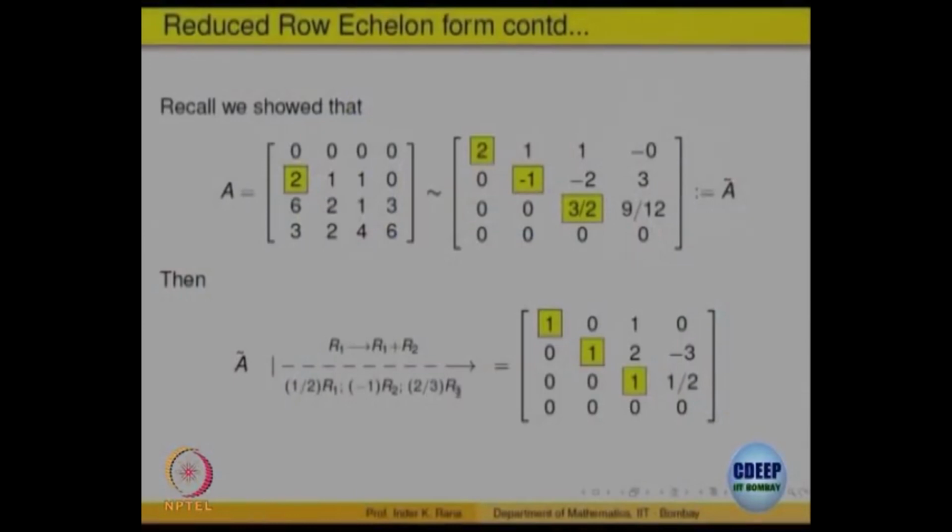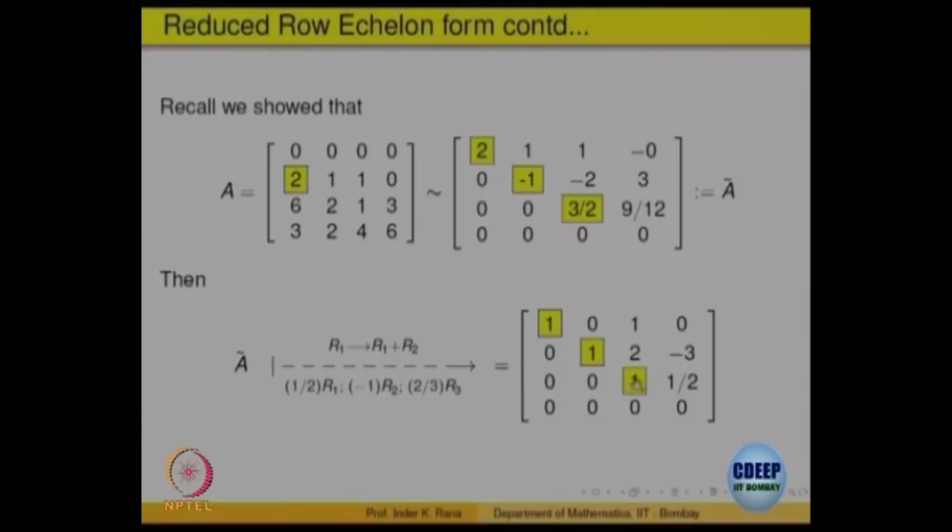I might have made an arithmetical mistake, that is a possibility, but the idea should be this: the first pivot which was 2 earlier should be 1 now. Here it was minus 1, that is 1 again, and 3 by 2 has been made 1. But these two are still not 0, right.